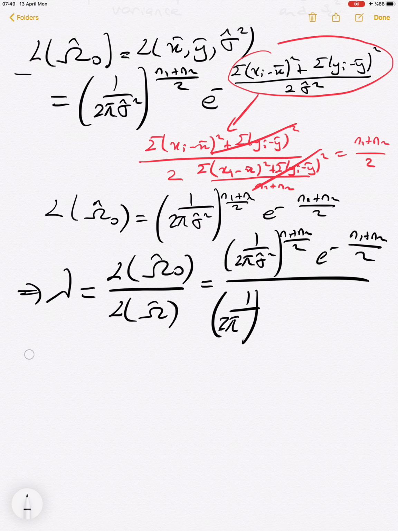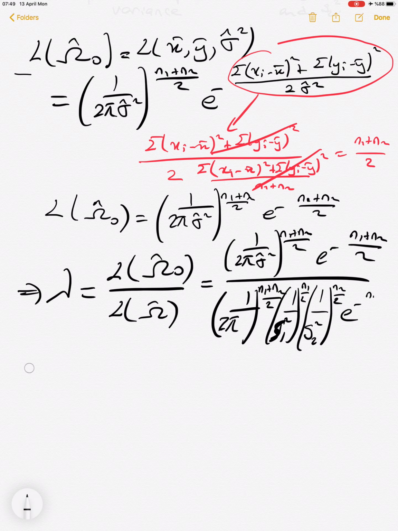2 pi to the (n1 plus n2) over 2, 1 over s1 square to the n1 over 2, 1 over s2 square to the n2 over 2, and e to the minus (n1 plus n2) over 2.